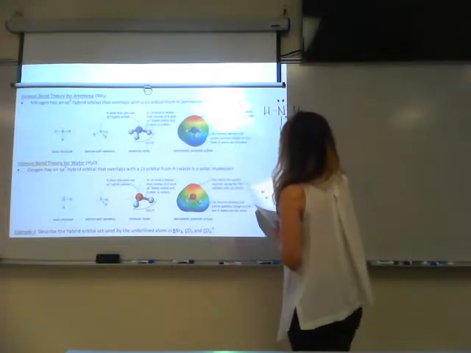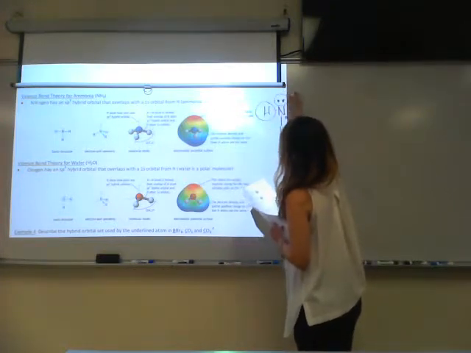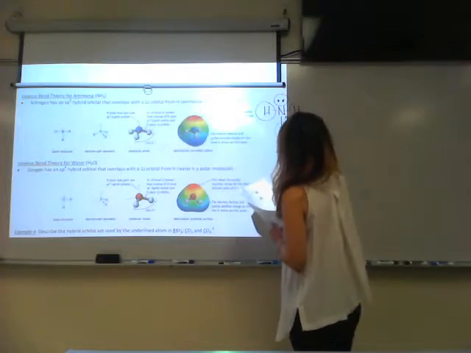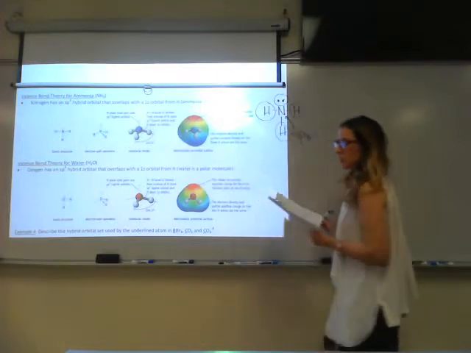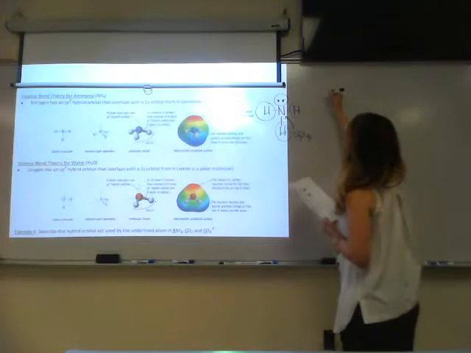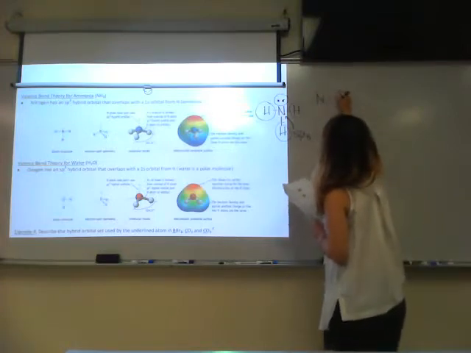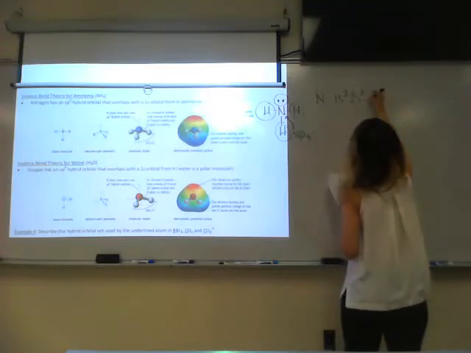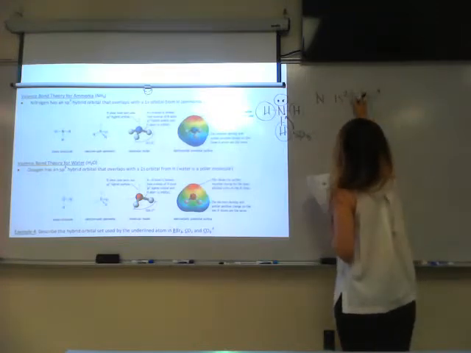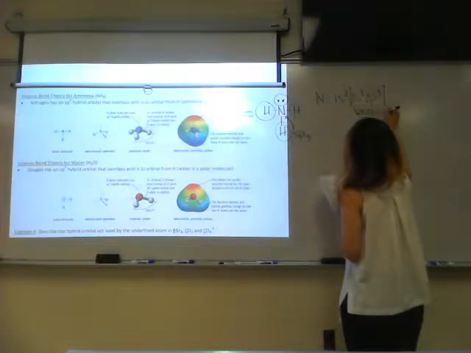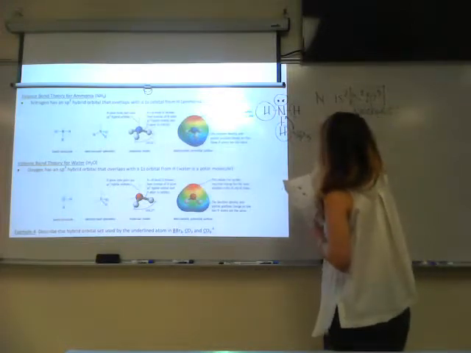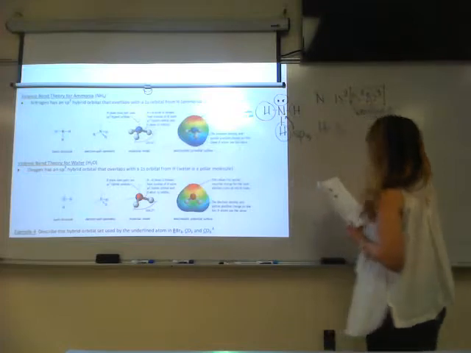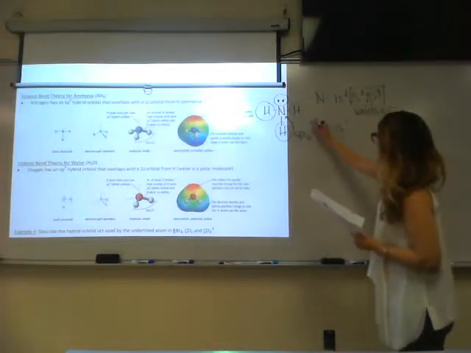The central atom nitrogen is sp1, p2, p3 for the hybridization. Nitrogen has an electron configuration of 1s2, 2s2, 2p3. My valence electrons are in the 2s and 2p orbitals. Hydrogen is just 1s1, and I have 3 of them.